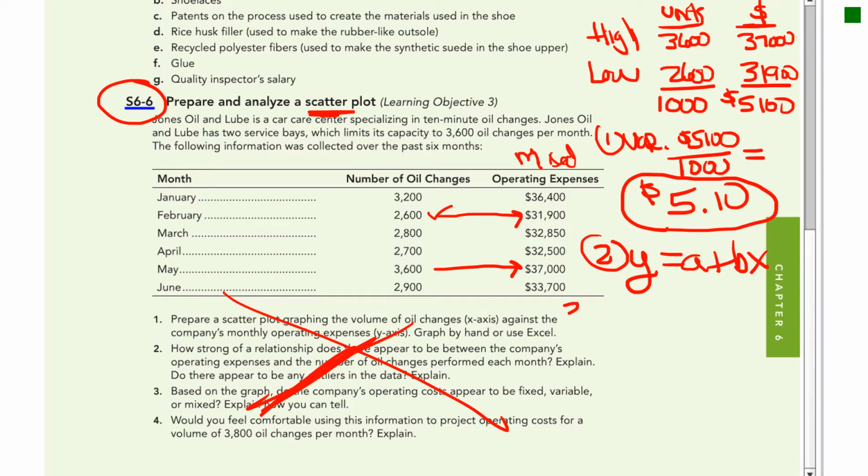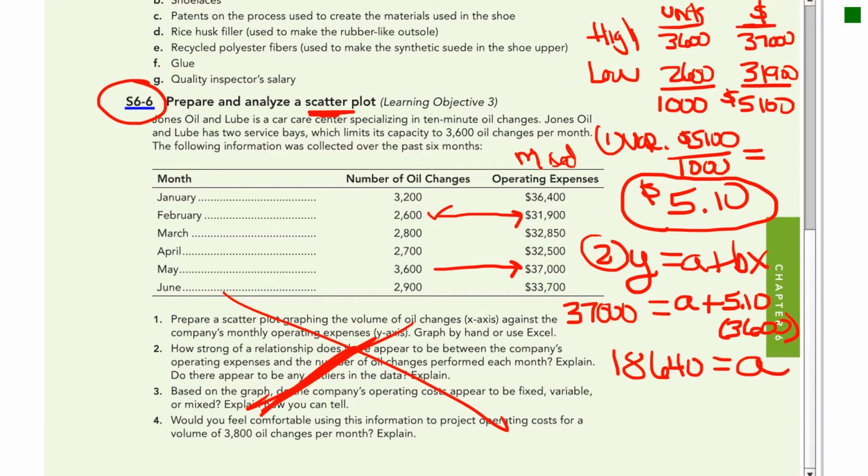So y is your total cost, $37,000 at the high point. A is your total fixed cost, plus your variable cost per unit of $5.10 multiplied by x, which is 3,600 oil changes at that level. You multiply 5.10 times 3,600, subtract that from 37,000, and that gives you $18,640 as your total fixed cost.